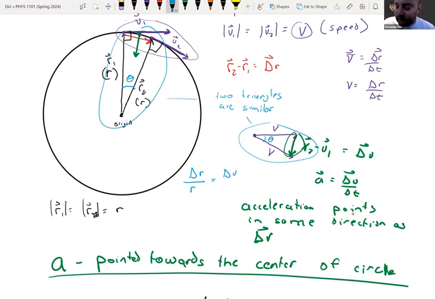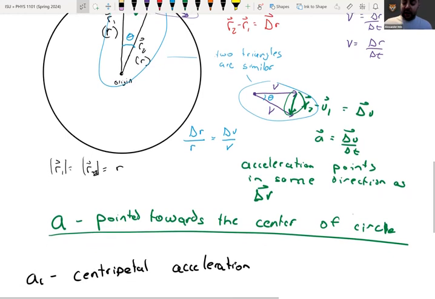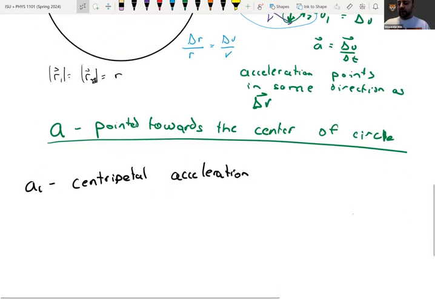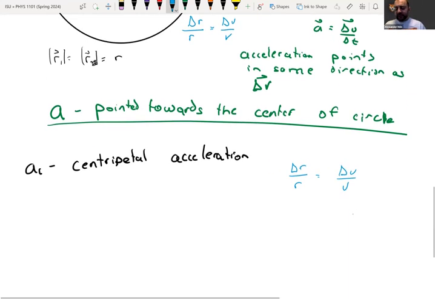Delta V is the base, and V, the speed, is the leg. So delta R over R is equal to delta V over V.